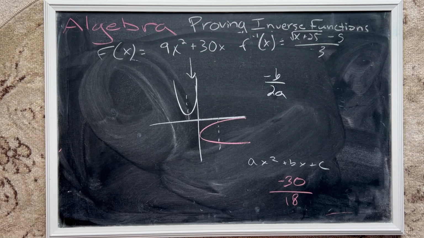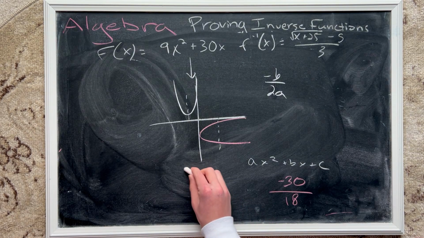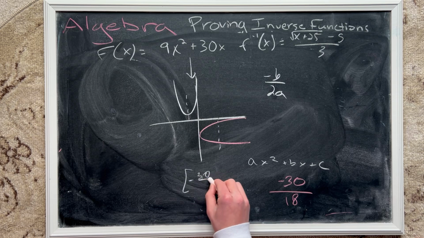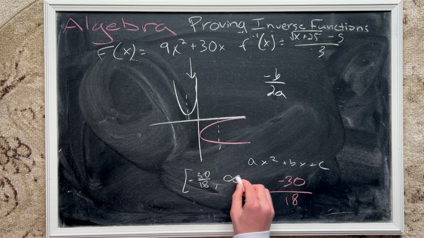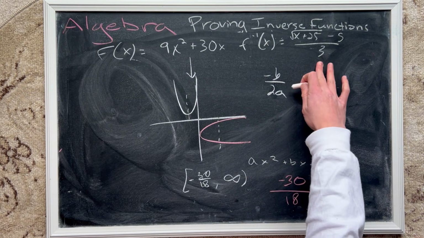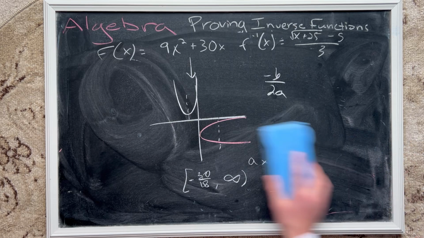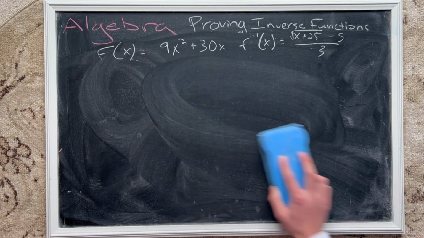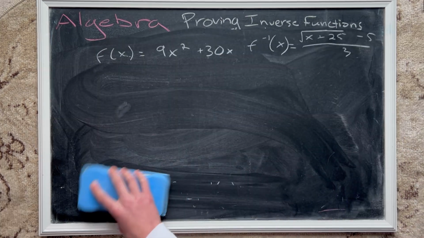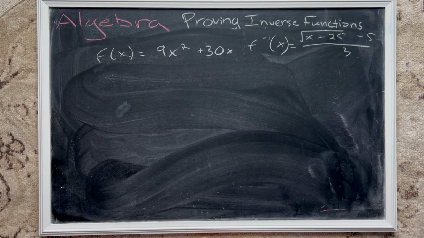So we could say that when x is between negative 30 over 18 and infinity, the inverse function is this function here. Just a quick little side note. All right, perfect. Now we have enough space.